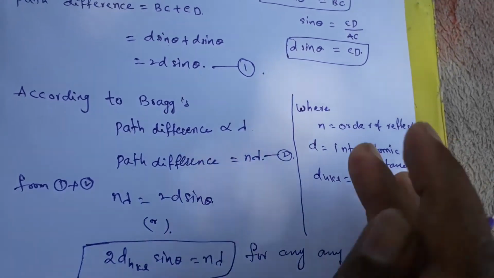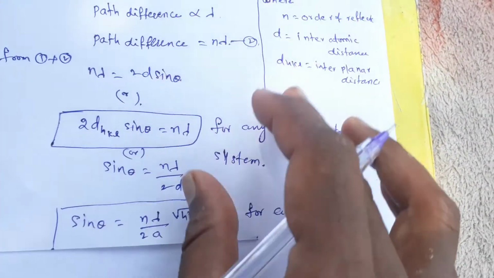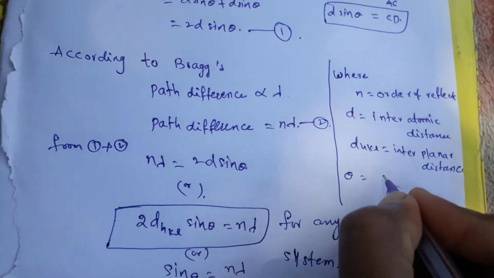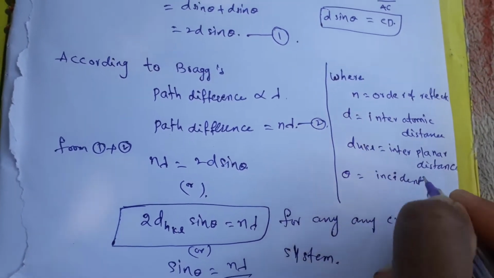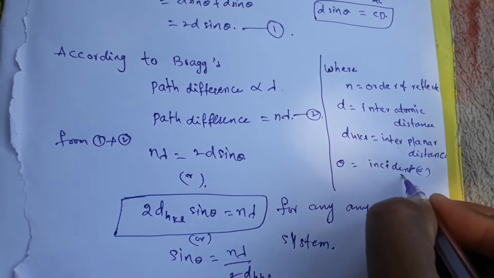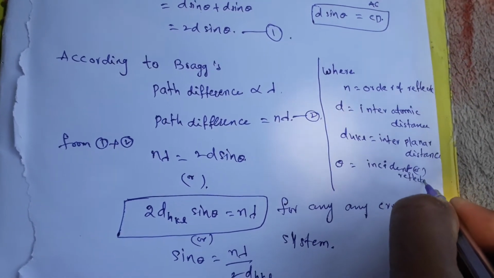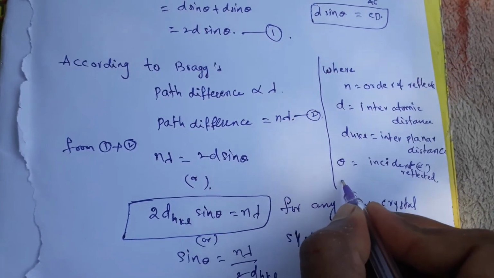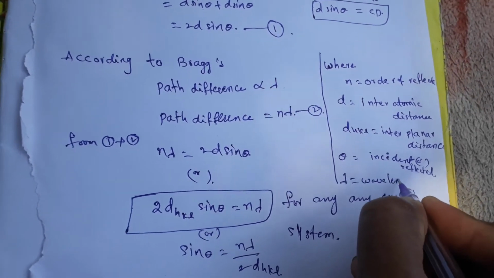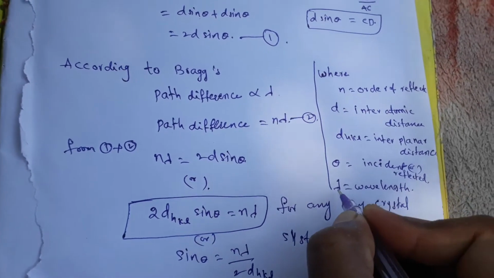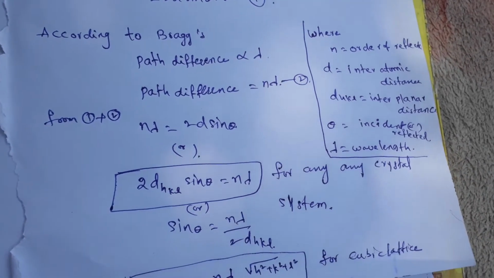Theta is the incident or reflected angle, and lambda is the wavelength. So this is Bragg's equation.